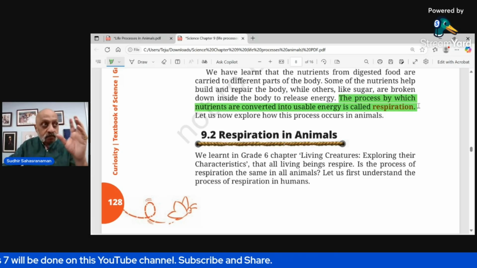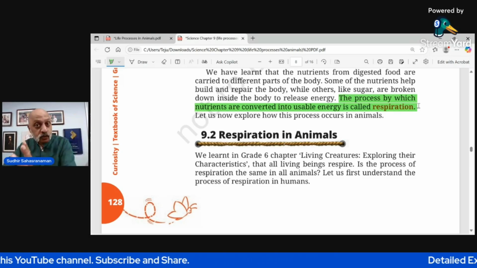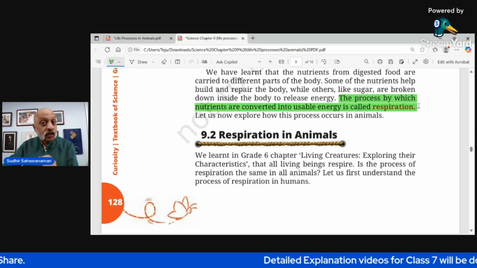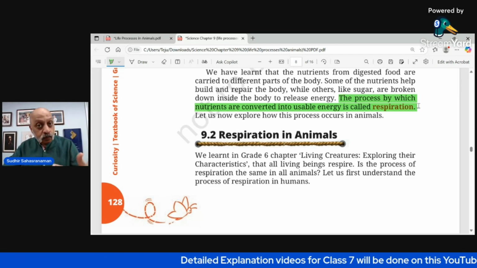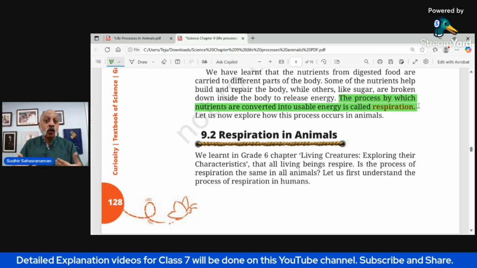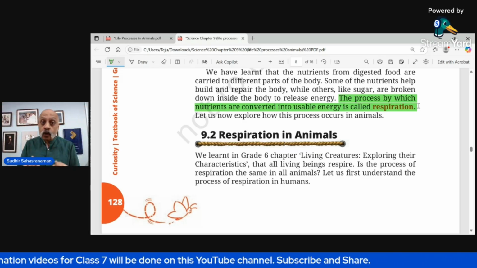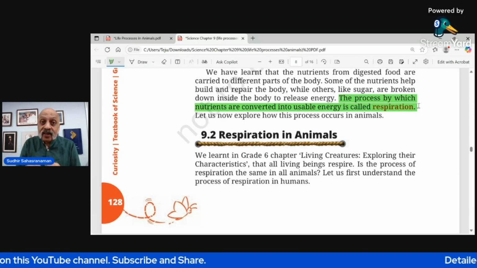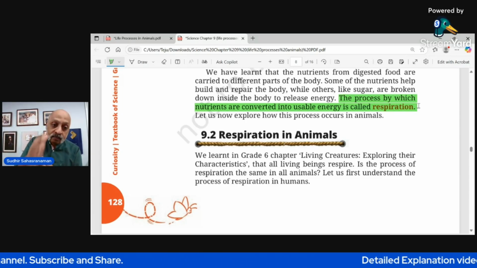That's not right. Breathing is different from respiration. This is the definition of respiration that you need to remember, that it is a process by which all these nutrients that you have taken inside your body through the food or through whatever you drank are converted into usable energy, and this process is called respiration.